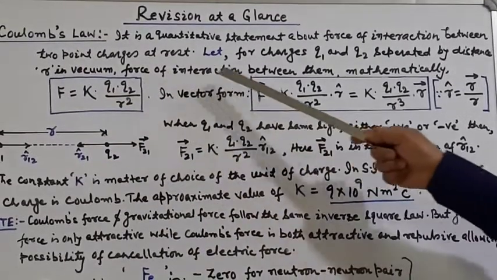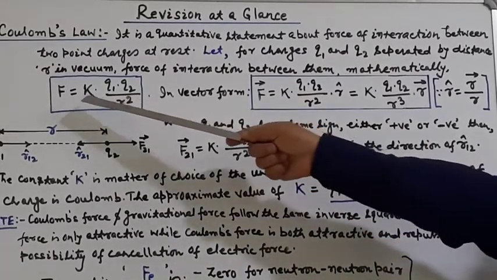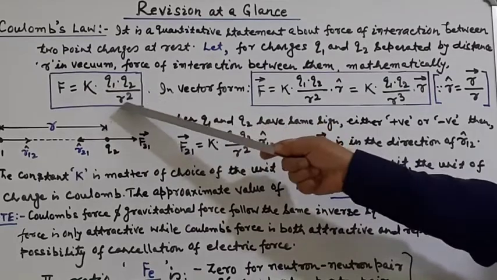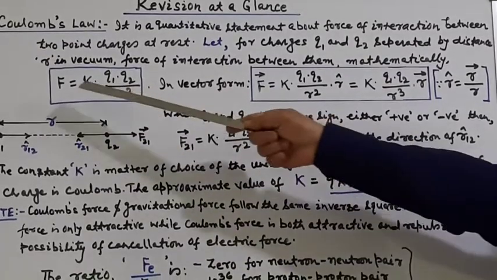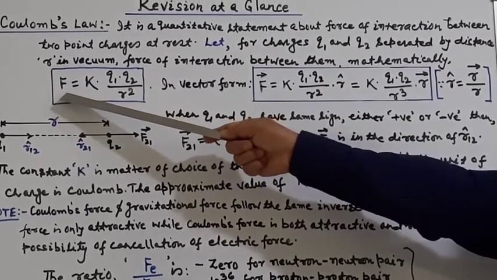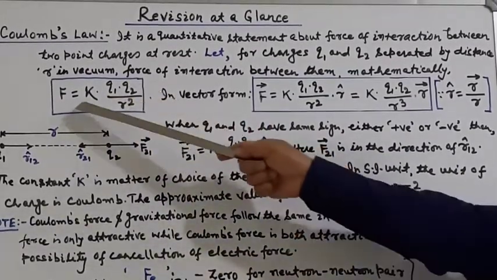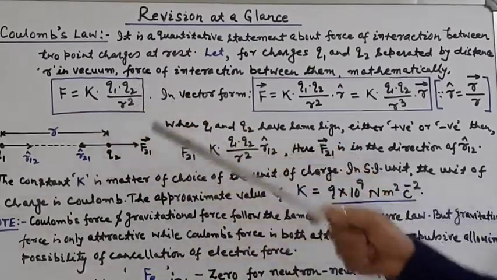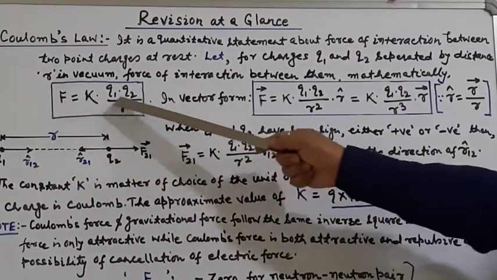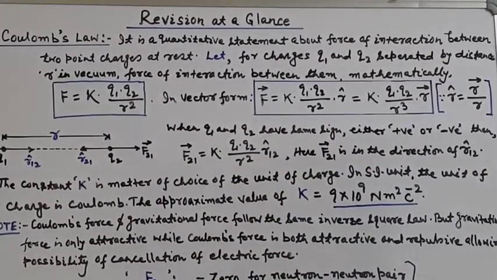Then the force of interaction between these two charges is represented by the relation F is equal to K Q1 Q2 by r square. How? Because this force of interaction between two point charges is directly proportional to the product of the magnitude of charges and inversely proportional to the square of the distance between them. So this equation gives the magnitude of the force of interaction between two point charges.